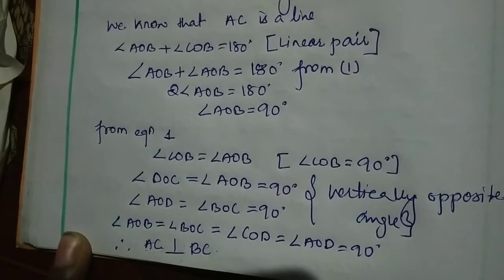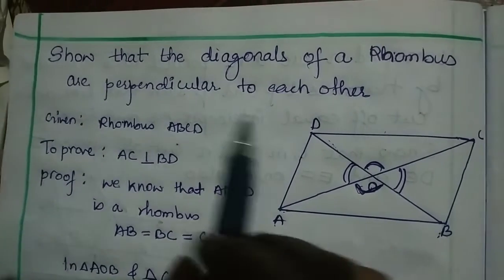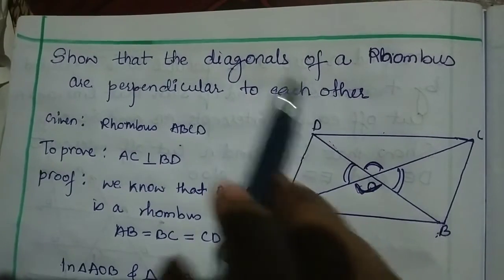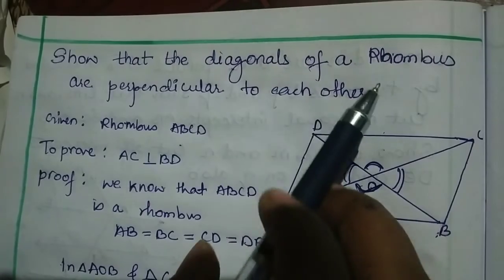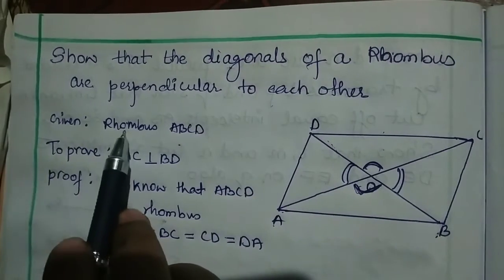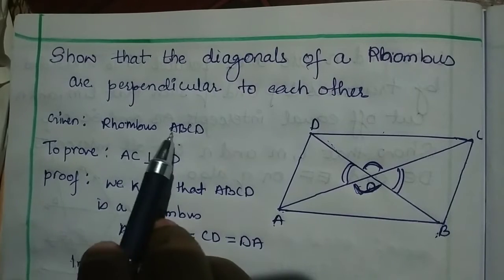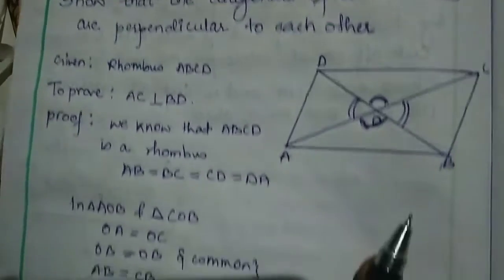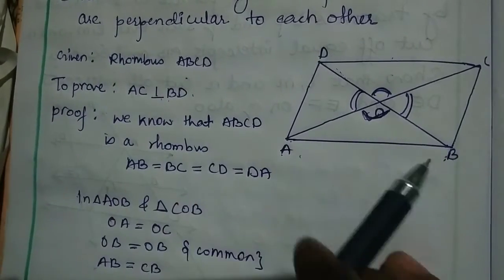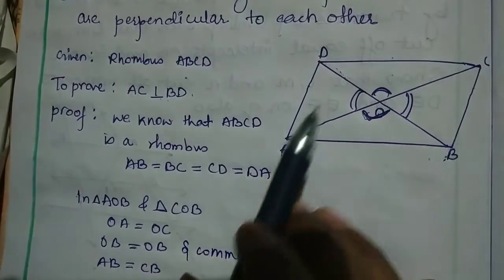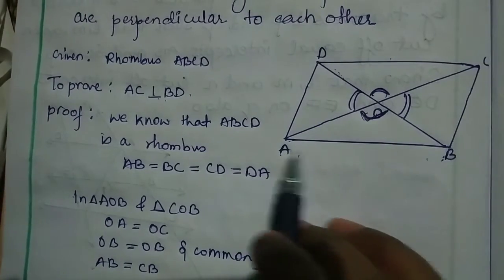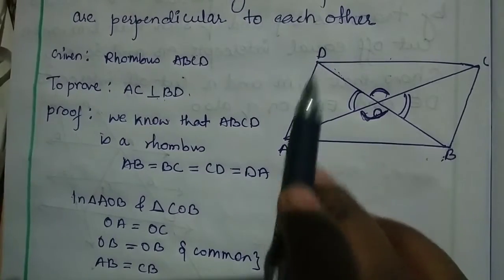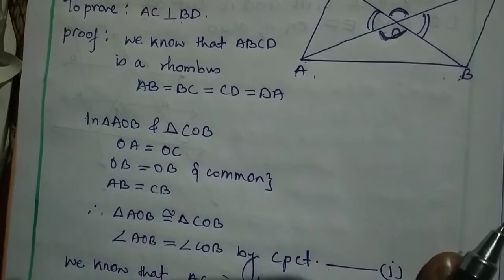Now let's recap. We need to prove that the diagonals of a rhombus are perpendicular to each other. Given rhombus ABCD, we need to prove AC is perpendicular to BD. Proof: we know that ABCD is a rhombus, all sides of the rhombus are equal, so AB equals BC, BC equals DC, DC equals DA.